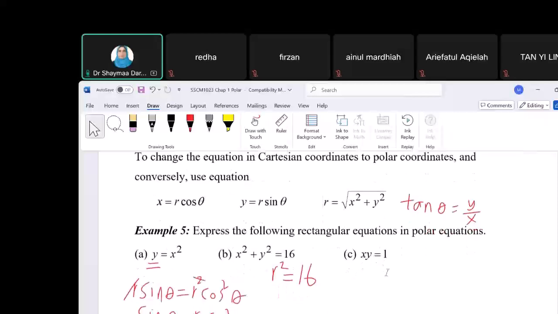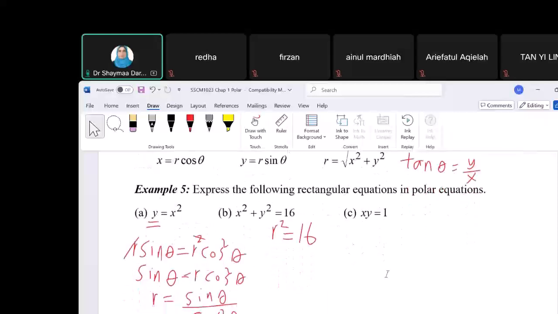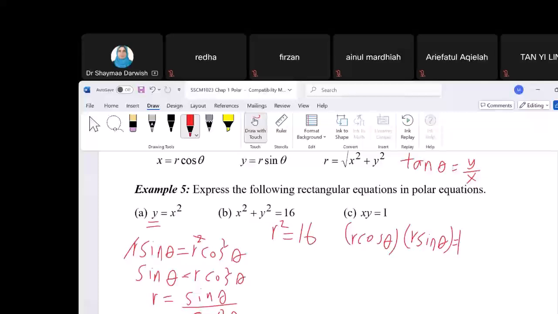Okay, xy equal to 1. Here same. Replace x by r cos theta. Replace y by r sine theta, equal to 1.